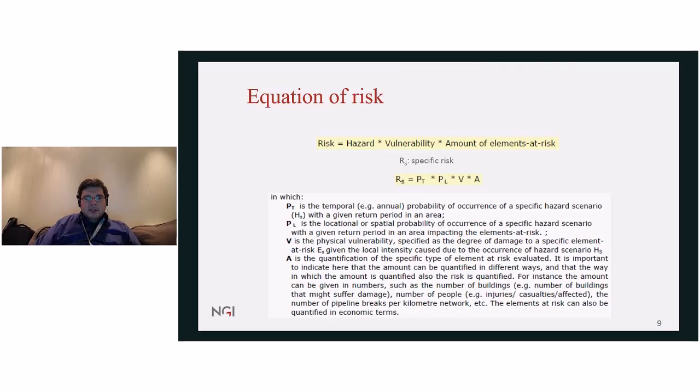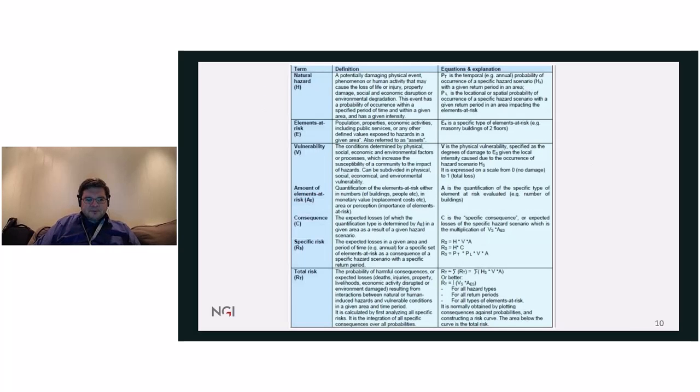The equation of risk, we can remember it again like this. You can go through all these concepts in the presentations that you will be provided in due time by the organizers of the workshop.